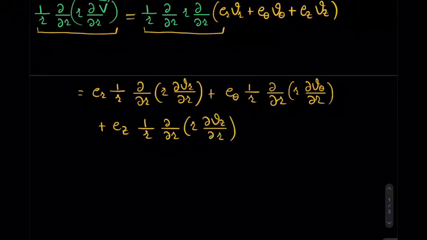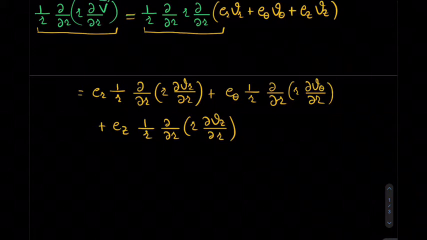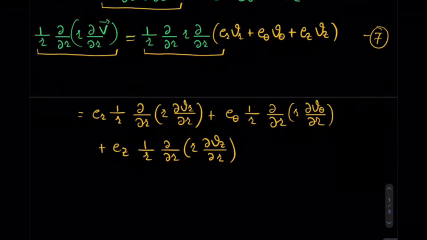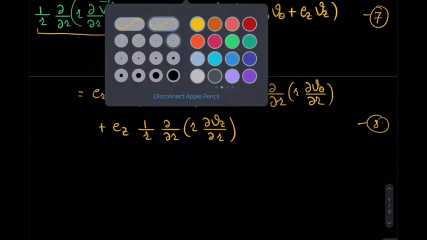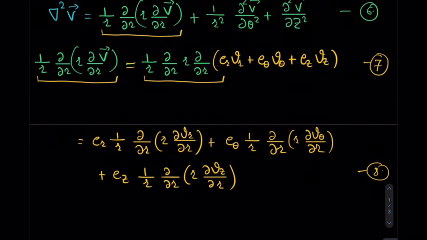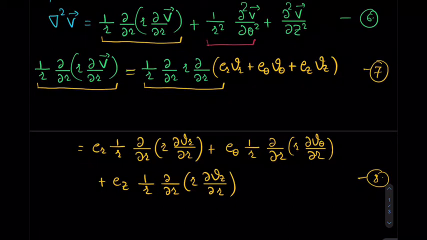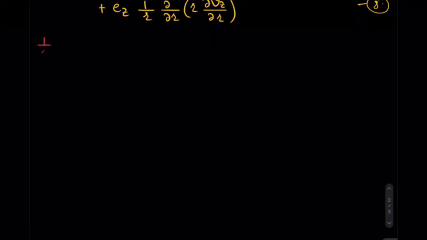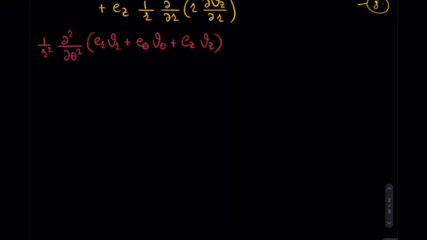Okay, so these are the terms which are required for the first part of equation 6. Let it be 7 and 8. Now let us find the second term in equation number 6, which is 1 over r squared and d2 over d theta squared of er vr plus e theta v theta plus ez vz.